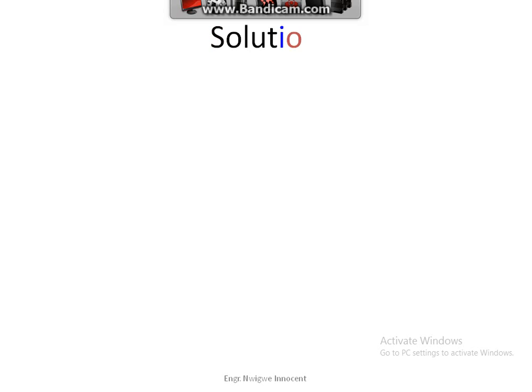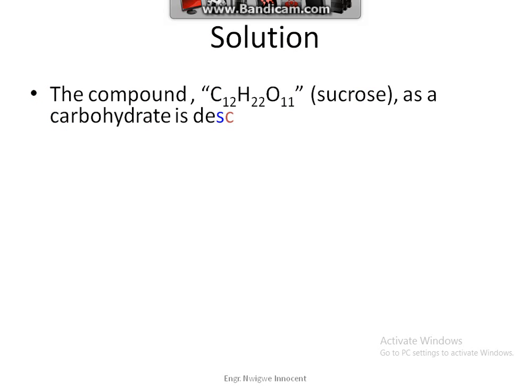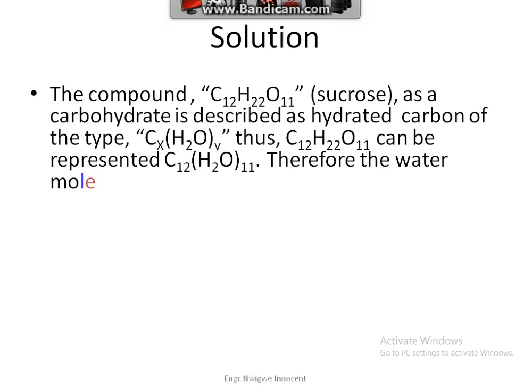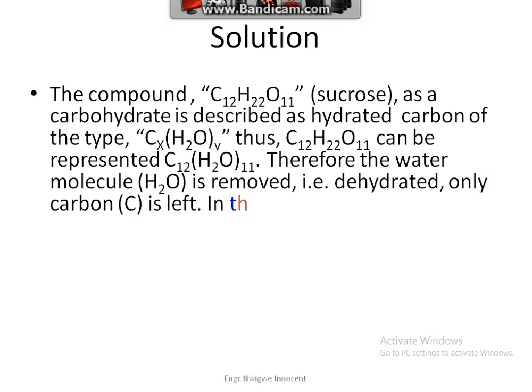Solution. The compound C12H22O11, sucrose, as a carbohydrate is described as hydrated carbon of the type Cx(H2O)y. Thus, C12H22O11 can be represented as C12(H2O)11. Therefore, the water molecules are removed, that is, dehydrated, and only carbon is left in the reaction.